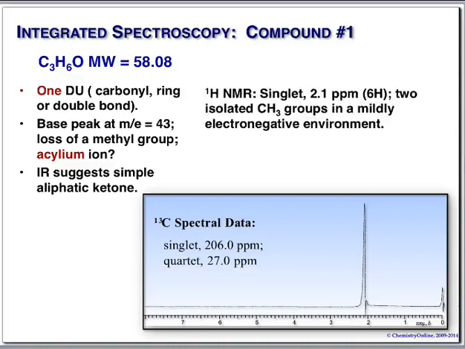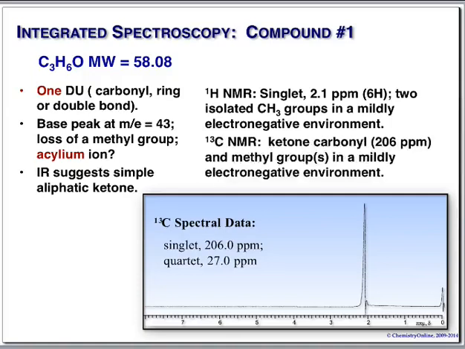This is a singlet, so this tells us it's a ketone. Finally, we have a quartet down here at 27-ish. That means it's a CH3. And even though we have 2 carbons to deal with, they're identical. So we could say ketone carbonyl, methyl groups, again, mildly electronegative.